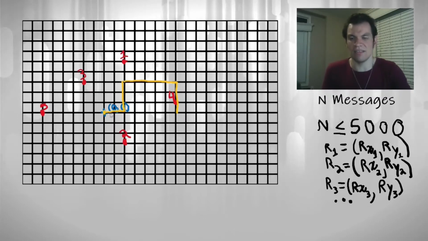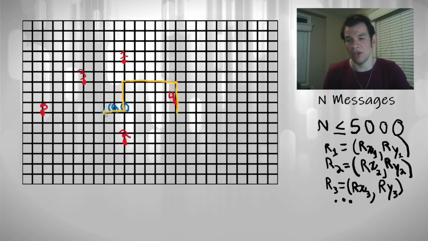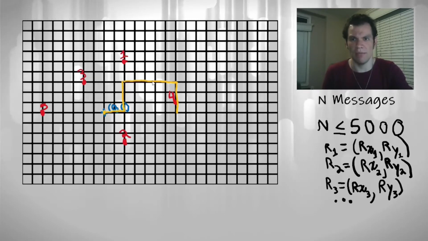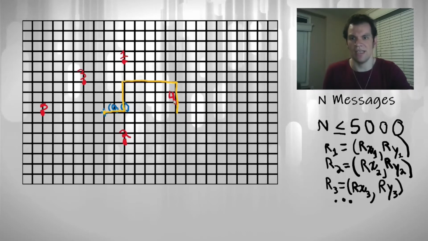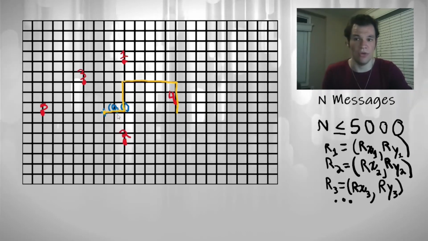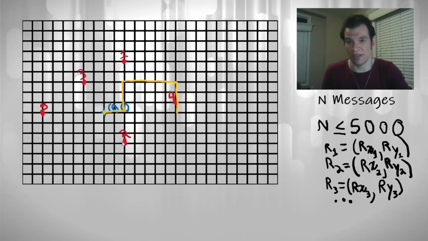And the distance that Hermes would have traveled would be only 2 plus 3 plus 5 over here plus 3, instead of having to walk all the way through to each one of the recipients.